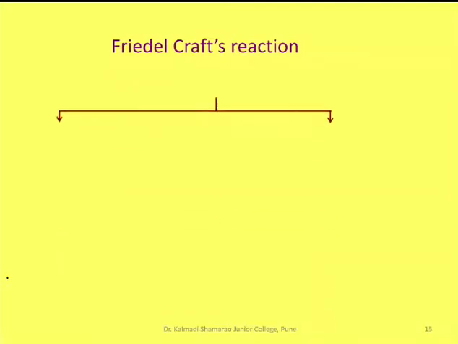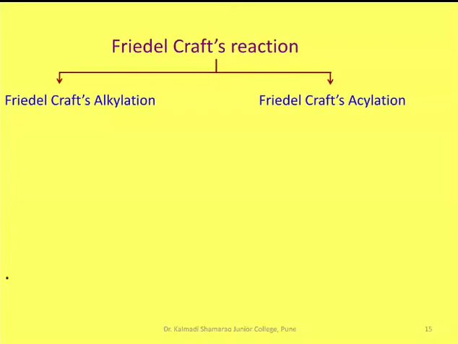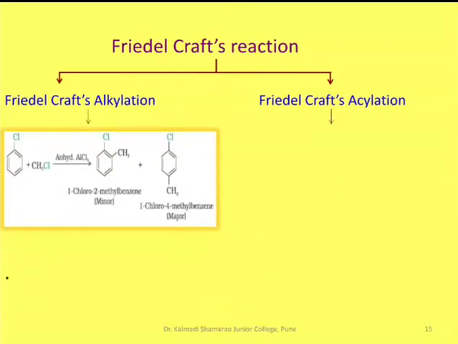Friedel-Crafts reactions are of two types, Friedel-Crafts alkylation and Friedel-Crafts acylation. Friedel-Crafts alkylation involves treatment of haloarenes with alkyl chloride in presence of anhydrous AlCl3 as catalyst.